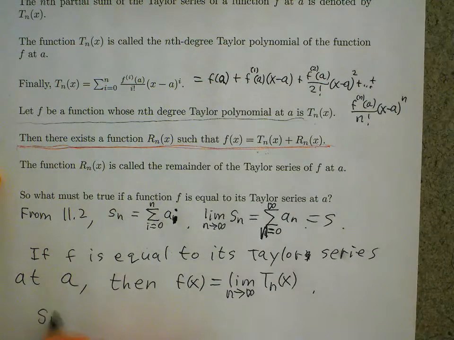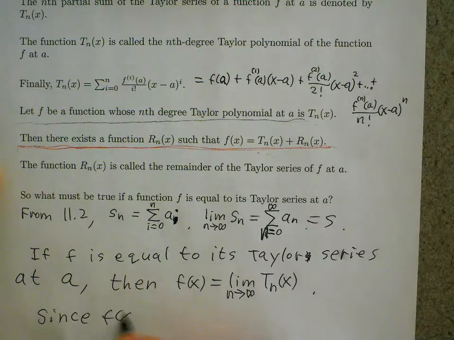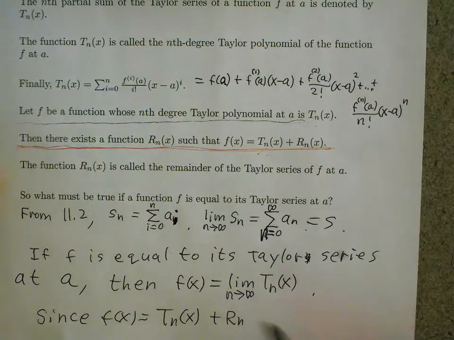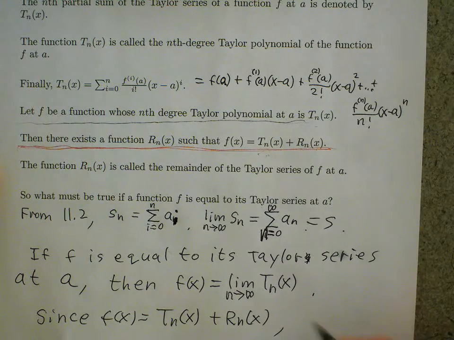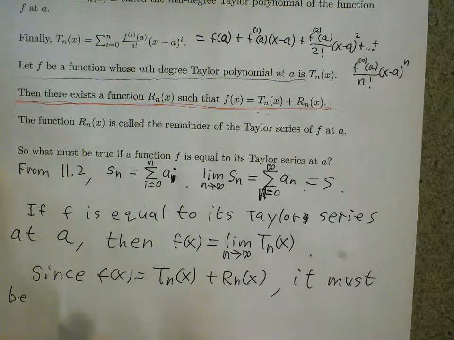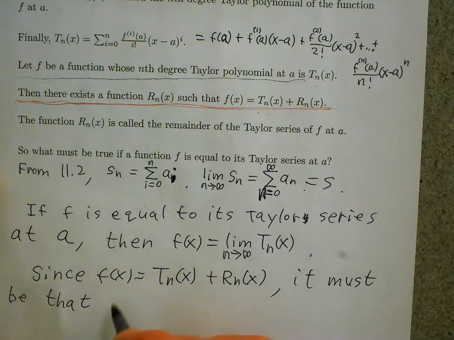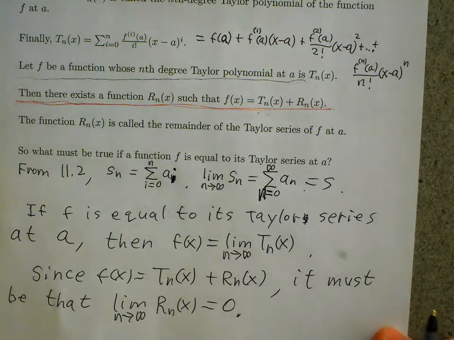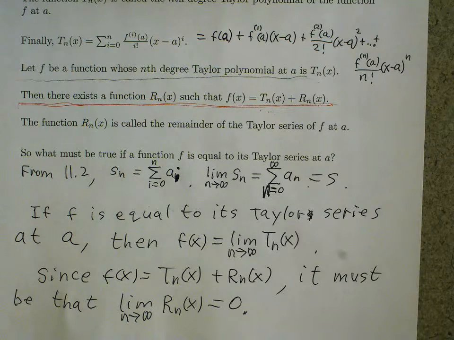But since f of x is equal to t sub n of x plus the remainder r sub n of x, it must be that the limit of the remainder as n approaches infinity is 0. Hey, does that seem to make sense? Sort of.